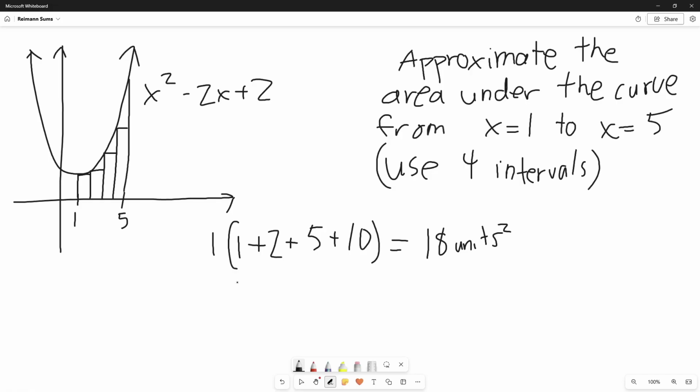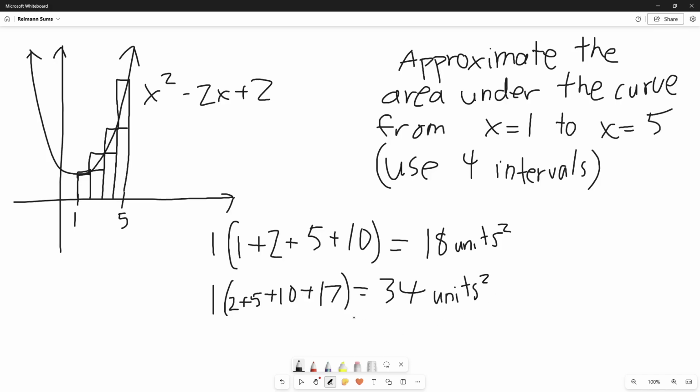And now let's do the right rectangle. Let's draw our rectangles from here. So it's going to be 2 plus 5 plus 10 plus 5 squared minus 2 times 5 plus 2, which is 17, so 2 plus 5 plus 10 plus 17, which is 34 units squared.